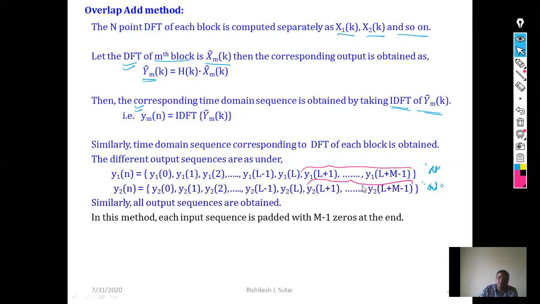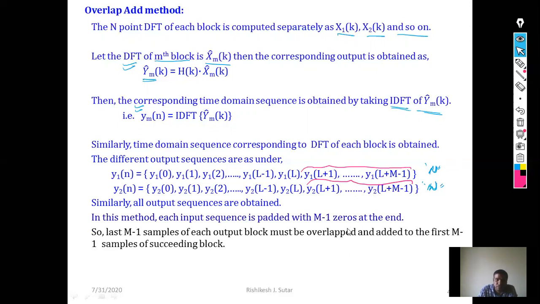So like this, I will get last m minus one samples, probably all zeros. In this method, each input sequence is padded with m minus one zeros at the end, as we have seen. So the last m minus one samples of each output block must be overlapped and added to the first m minus one samples of the succeeding block.